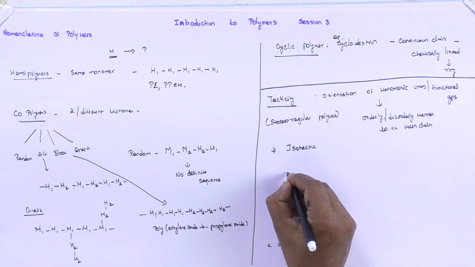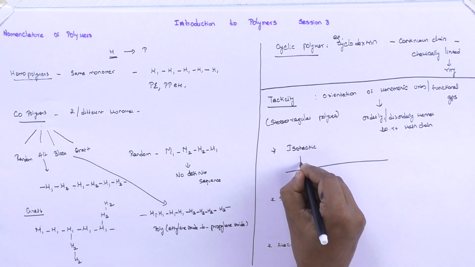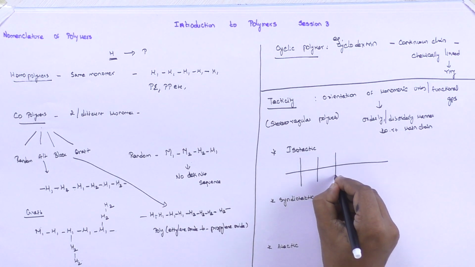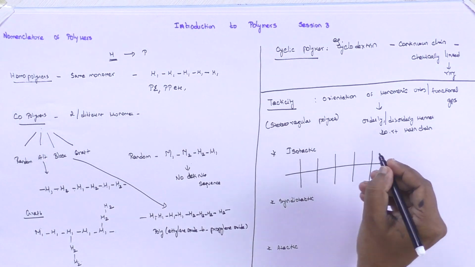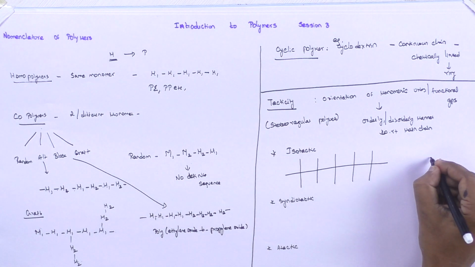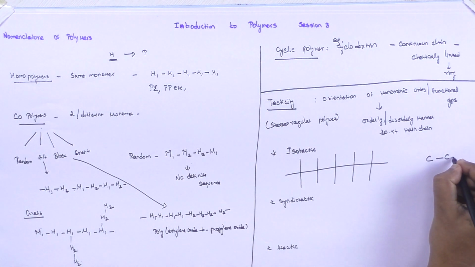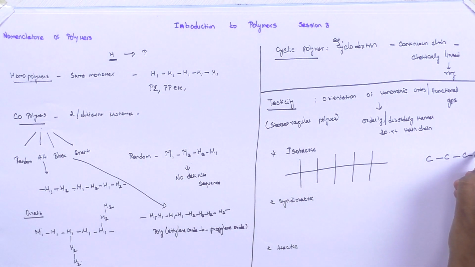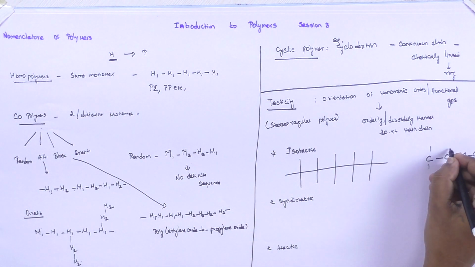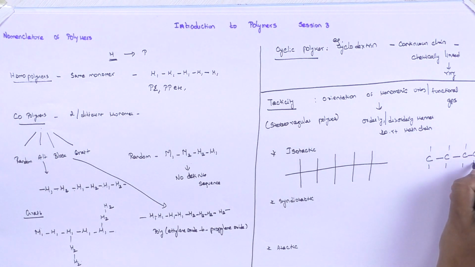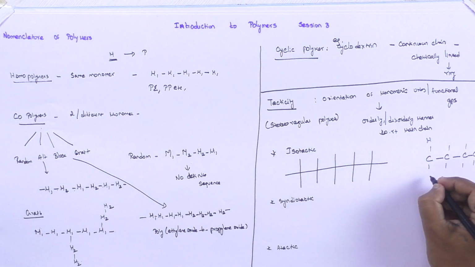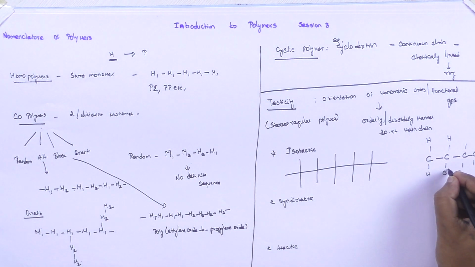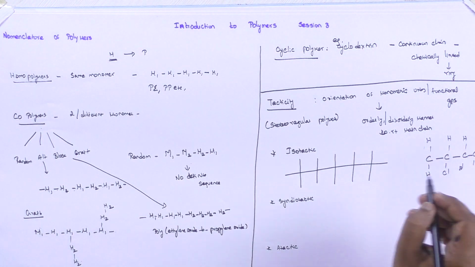In an isotactic polymer, let us take a polymer backbone like this. Assume this is the polymer. This is nothing but carbon, carbon, carbon, and again you have a carbon here, another carbon, and you have the groups attached to the carbon like this. Let us say H, H, H, and this is Cl. Fine. This is polyvinyl chloride, and again H, H, and so on. So, I am taking a polymer of polyvinyl chloride.